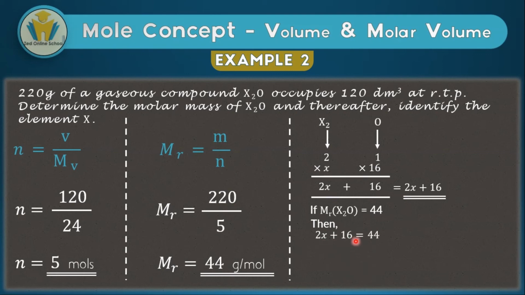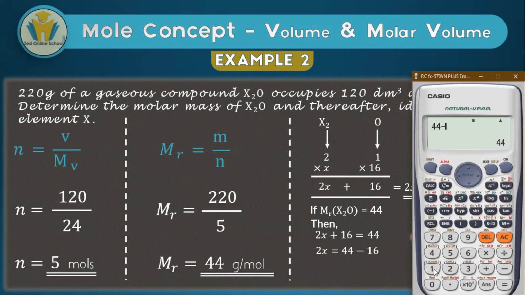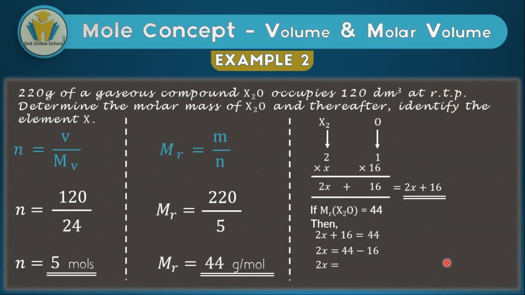And then we can subtract 16 on both sides, or just take this positive 16 over to the other side of the equal sign and it becomes a negative. So 2x will be equal to 44 minus 16. So 2x is equal to 28.